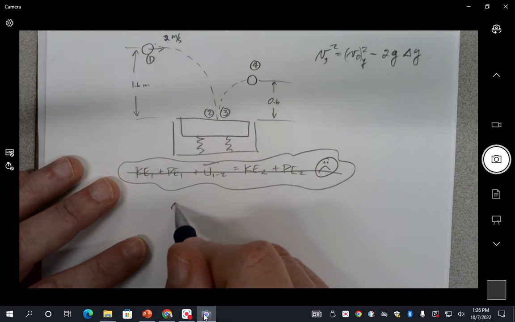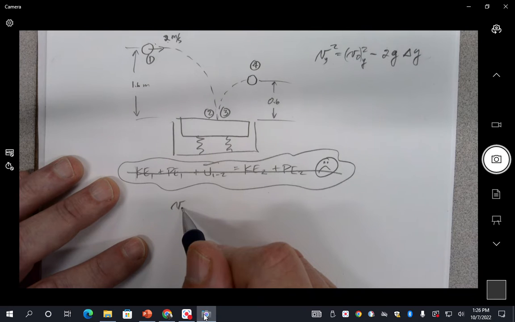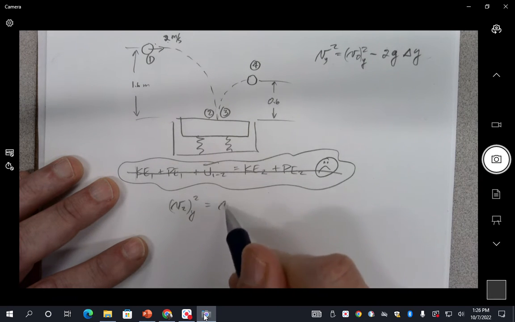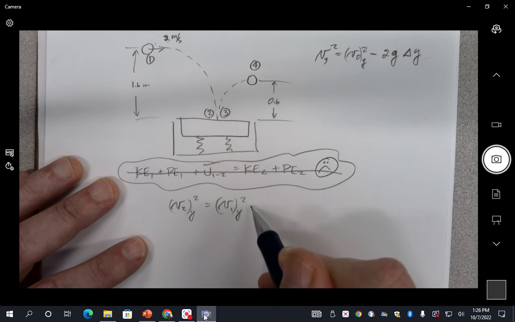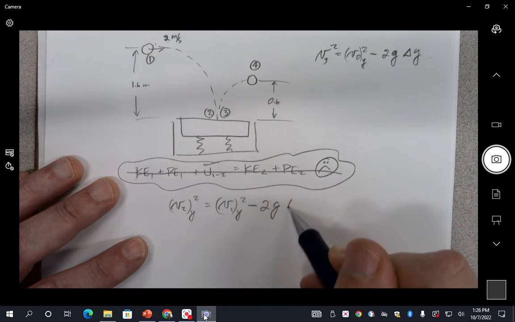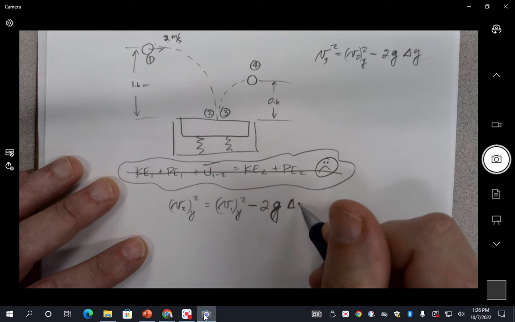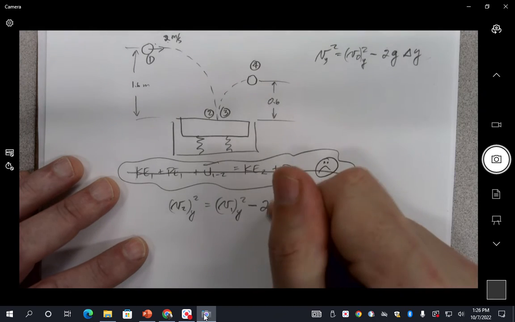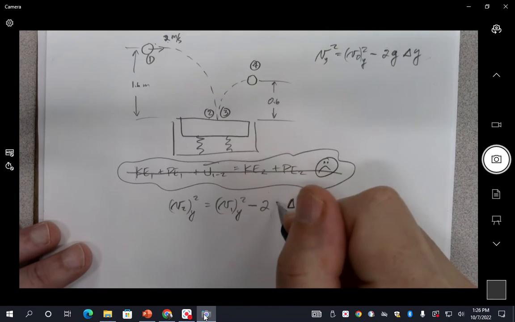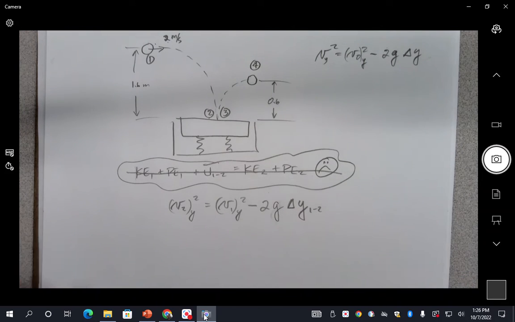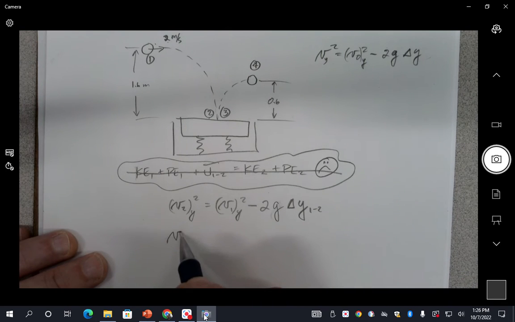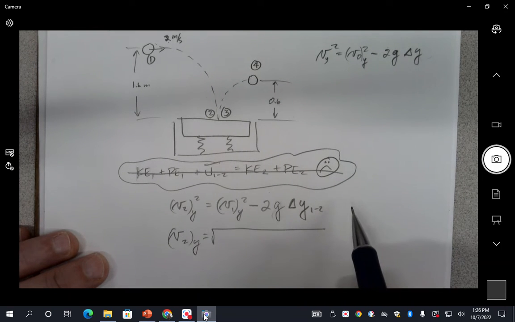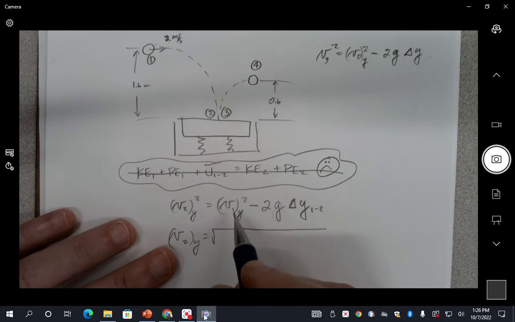The best way to approach this is what I had mentioned before. I would say V2 in the y direction squared is going to be equal to V1 in the y direction squared minus 2g delta y from 1 to 2. That's a terrible g. Let's make a better g, so it doesn't look like a y. So just turning that around, we get this square root.